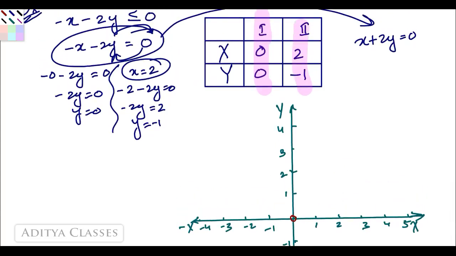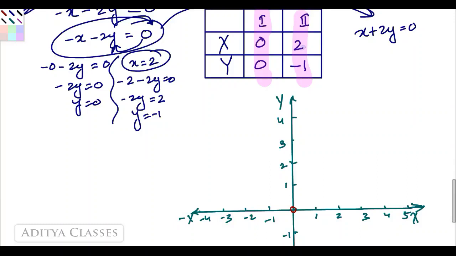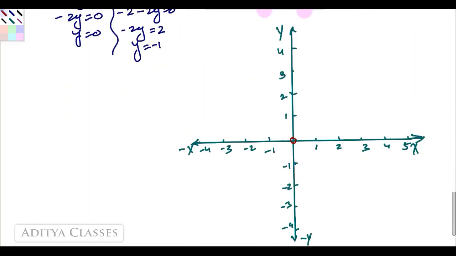Then my second point is 2 and minus 1. x should be 2 and y should be minus 1. This is my point. Now if I connect these 2 points, I get the line that I have used.